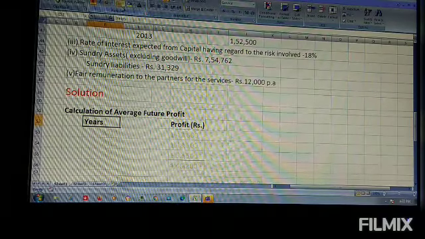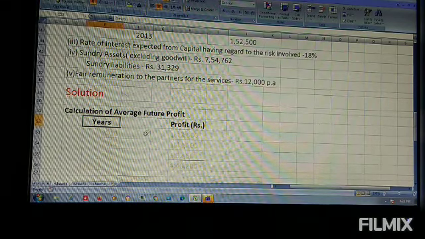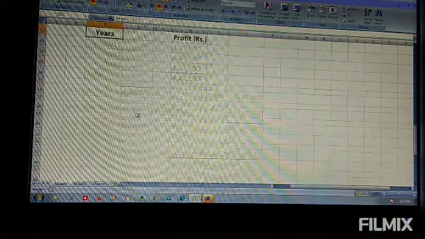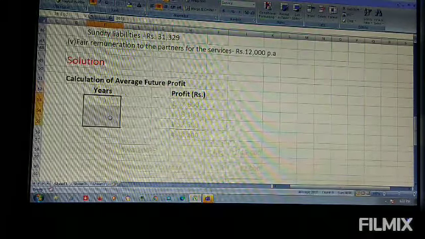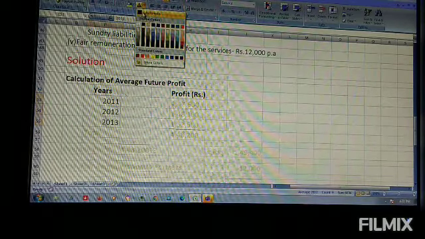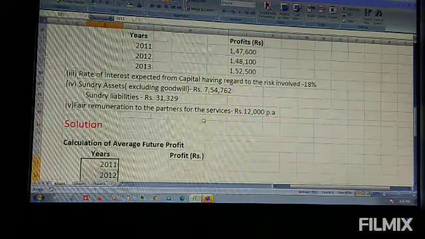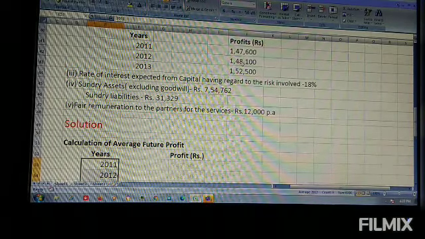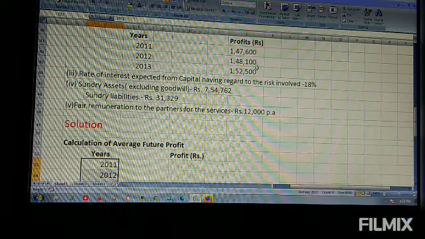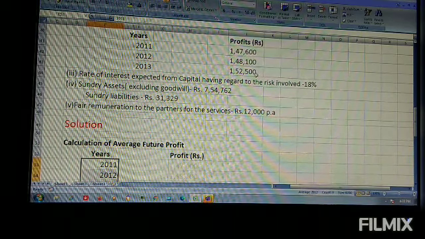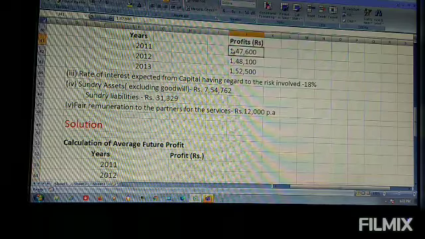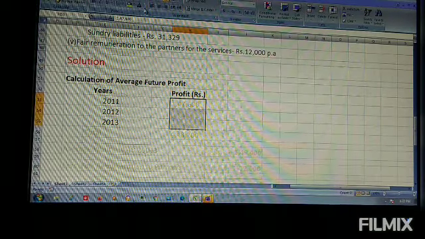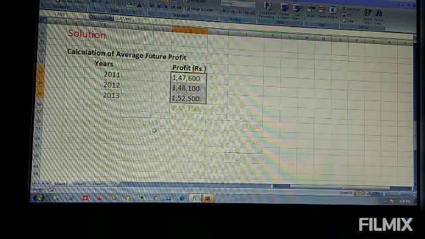As it is 2011, 12, 13, you can copy and paste, or just write it there. We'll write all these 3 years and the respective years' profits. 2011, 1,47,600, 1,48,100 for 2012. Then 2013, 1,52,500, as given in the problem.